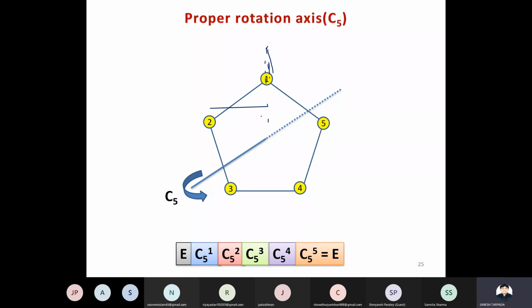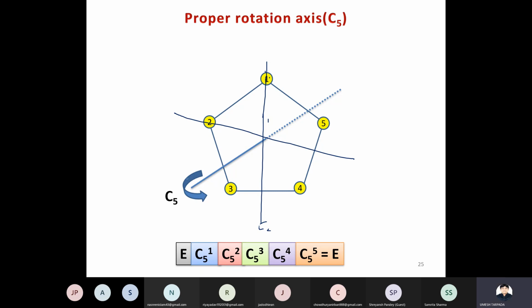This is 1 C2. Second one is passing through atom number 2, you can say this one.